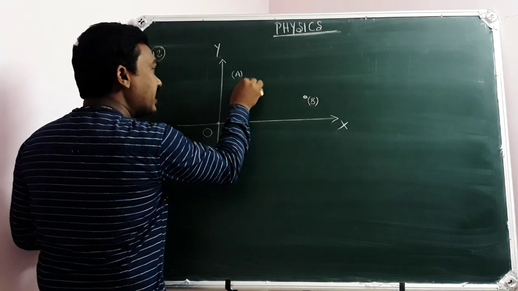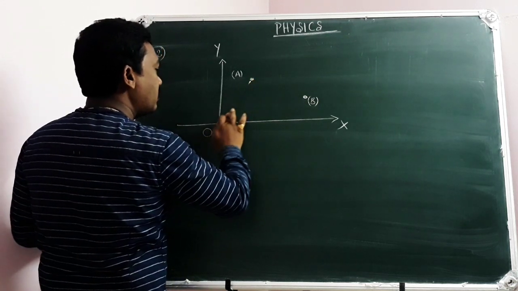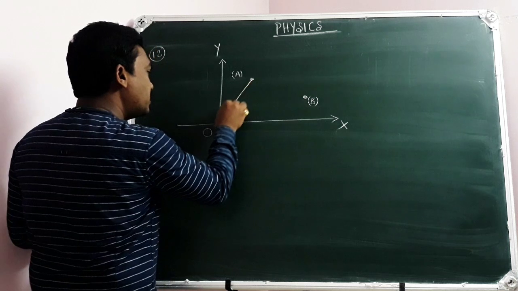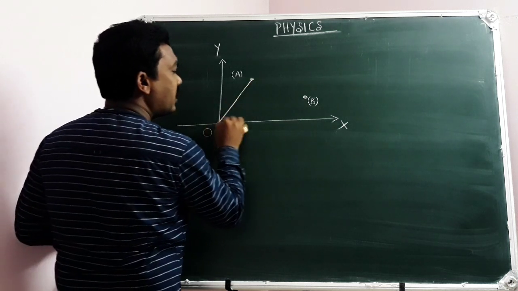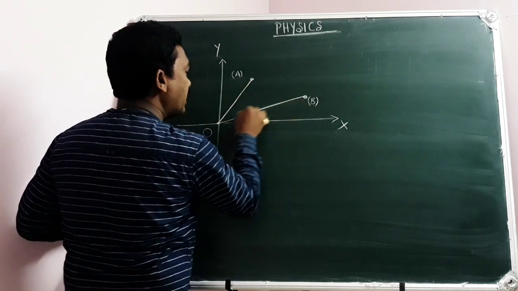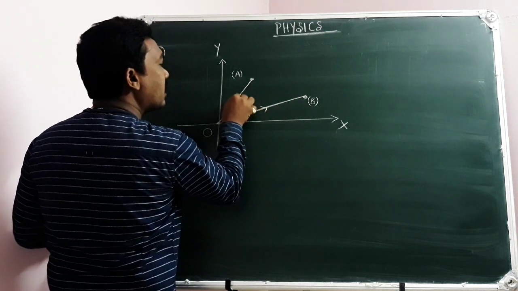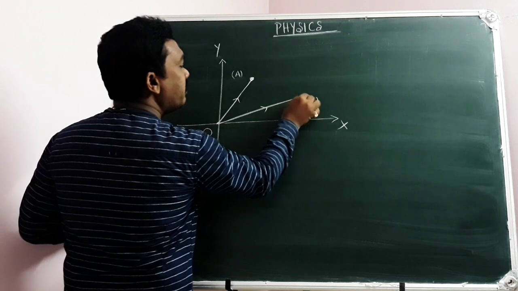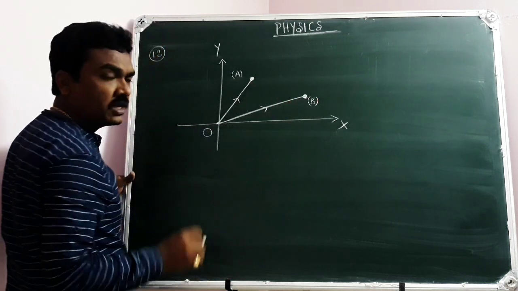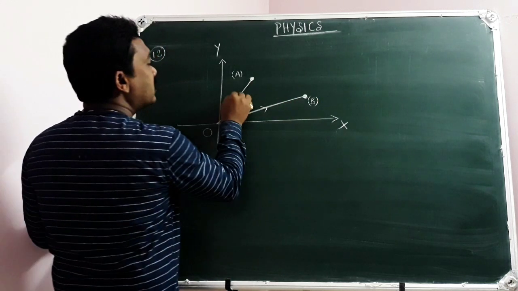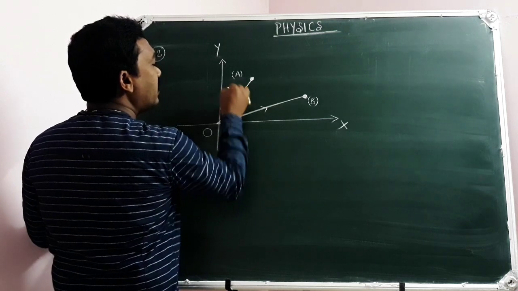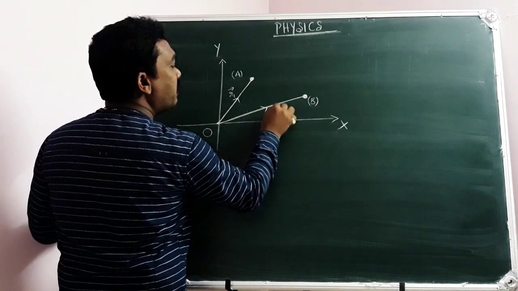and whose position vectors are r1 bar and r2 bar. I told you the position of any point or particle in the plane can be written in vector form, which is a position vector. Let us suppose this is r1 bar and this is r2 bar.